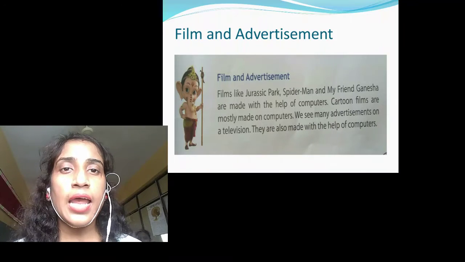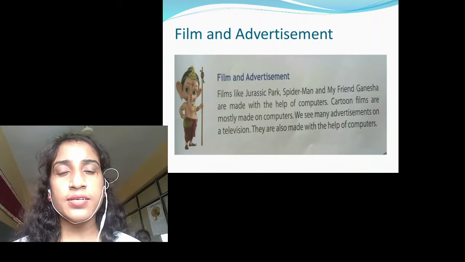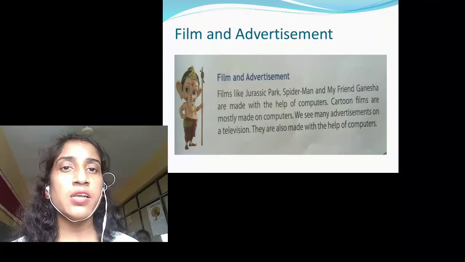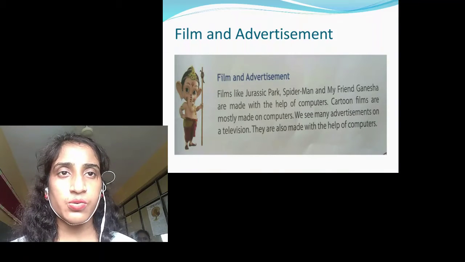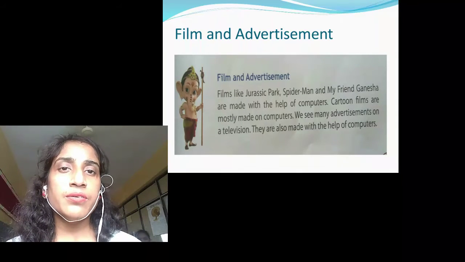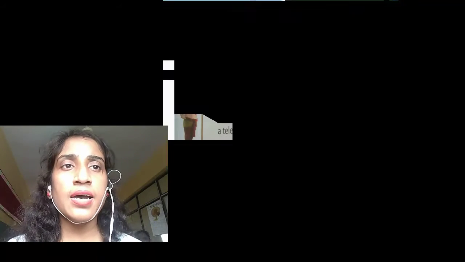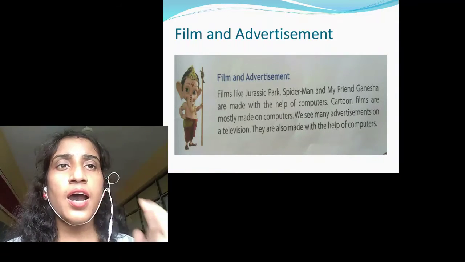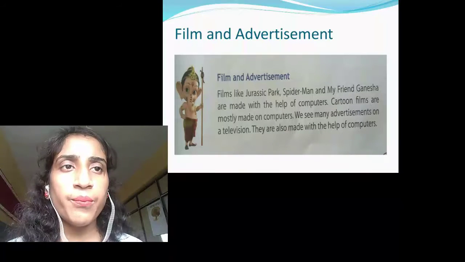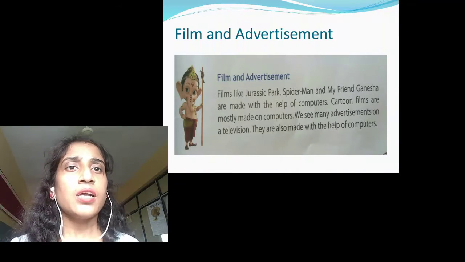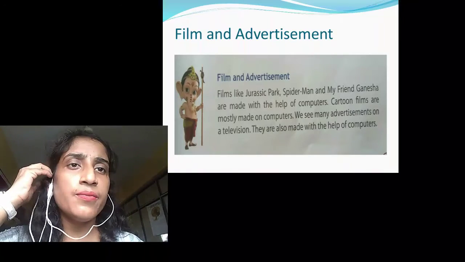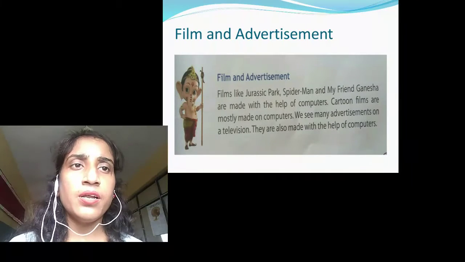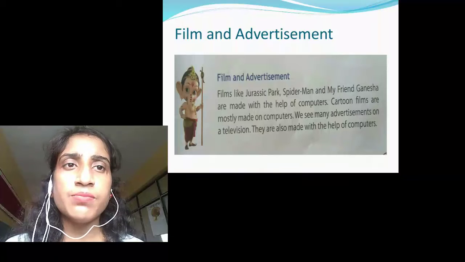With the help of computer, you can add special effects in your cartoon and in your advertisement also. Films like Jurassic Park, Spider-Man, and My Friend Ganesha are made with the help of computers. Cartoon films are mostly made on computer.